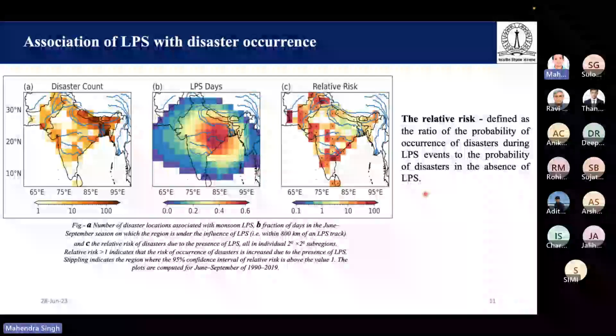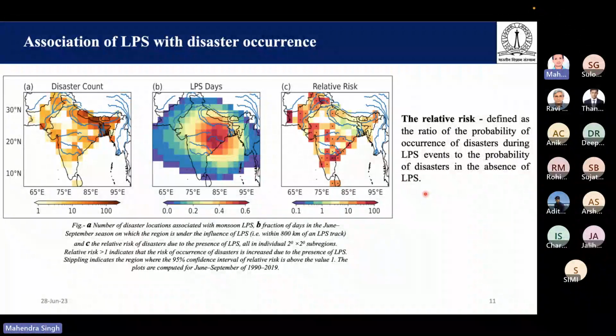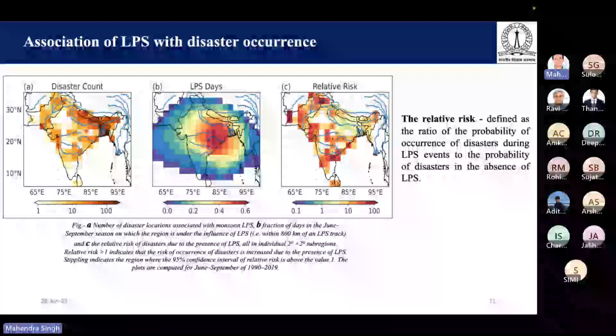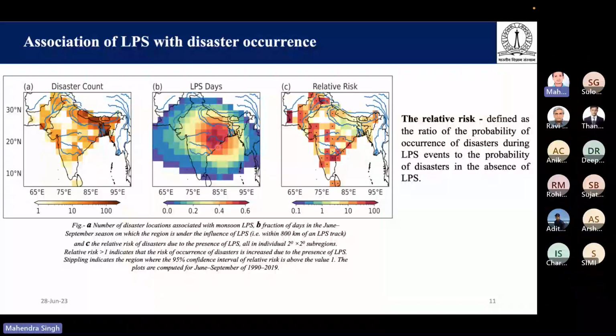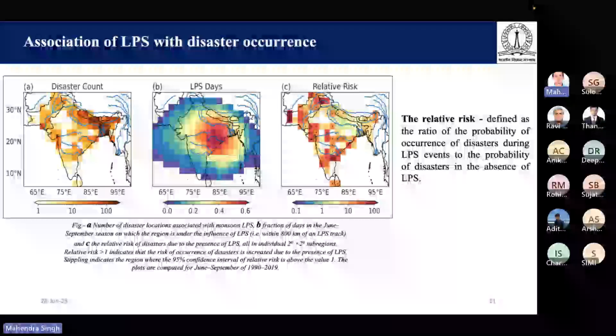Relative risk is defined as the ratio of the probability of occurrence of a disaster during an LPS event to the probability of a disaster in the absence of LPS. Clearly we can see from the disaster count that it is higher mostly near the foothills of the Himalayas, and the LPS days are mostly in east or central India, where most of the monsoon LPS form or live.